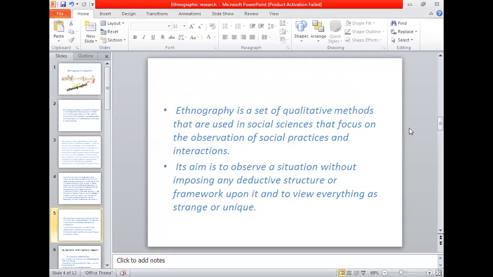Ethnography is a set of qualitative methods. This is the simplest understanding of ethnography. We are not doing this research; we are just trying to understand the nature of these qualitative research methods. When we were doing quantitative methods, the researcher was not only a participant observer.